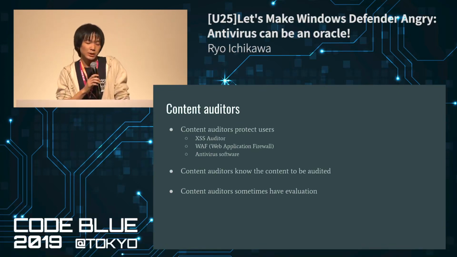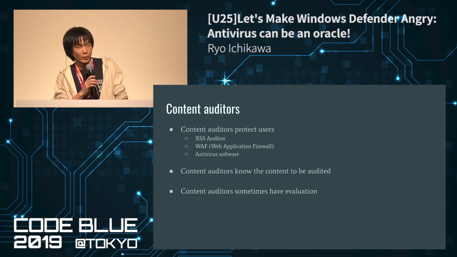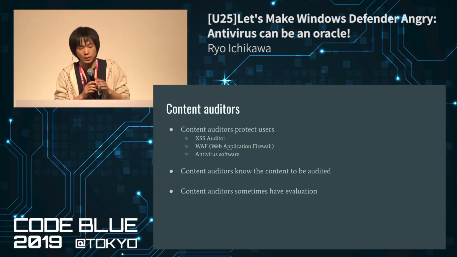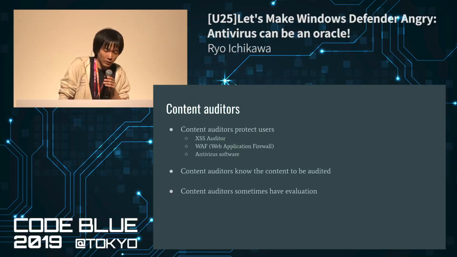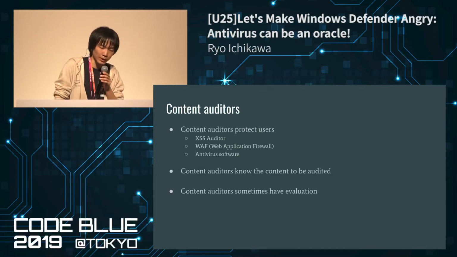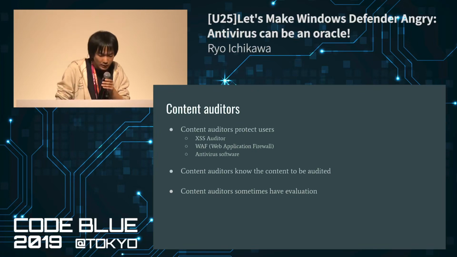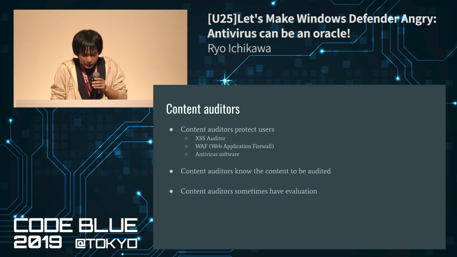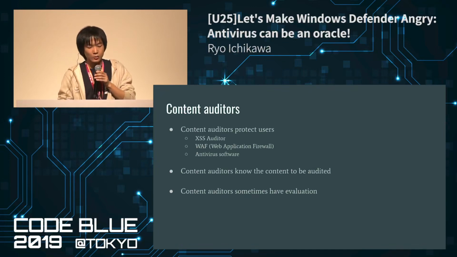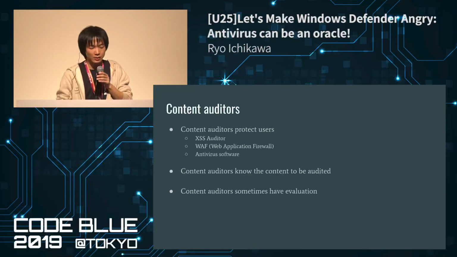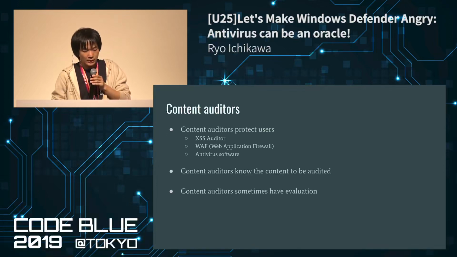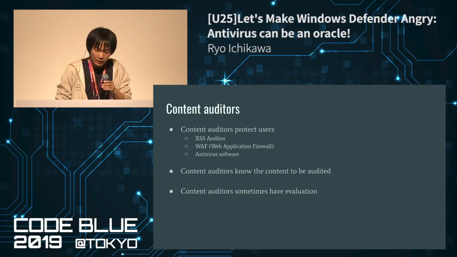For example, the cross-site scripting auditor blocks reflected XSS payloads from attackers. A WAF, a web application firewall, will block malicious requests from attackers. Also antivirus software as well. Content auditors know the content to be audited because they must check it, and sometimes have an evaluation system like a script evaluation system.